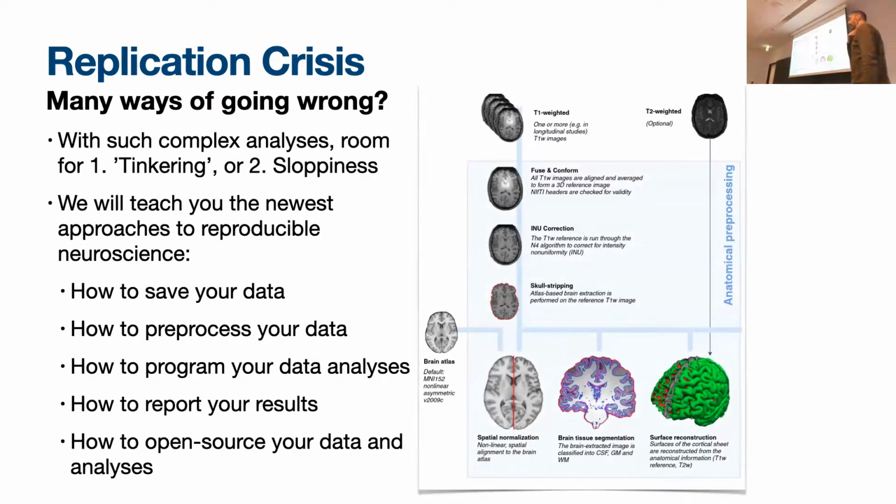That's because, the psychologists among you will have heard, in this neuroimaging field, and in medical research and science in general, there's this reproducibility crisis or replication crisis. This hits neuroimaging really hard because it is so complex.